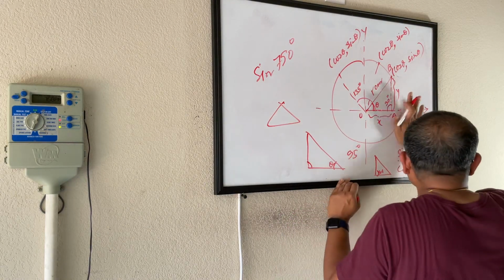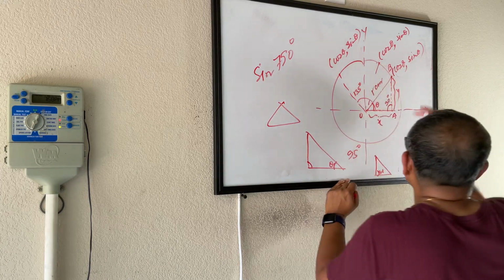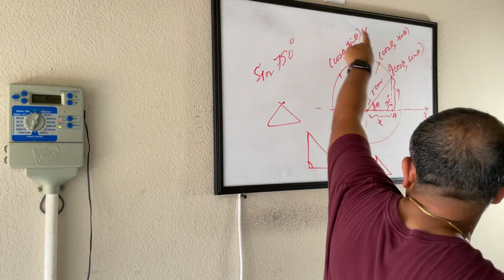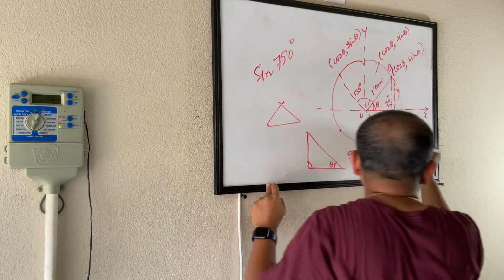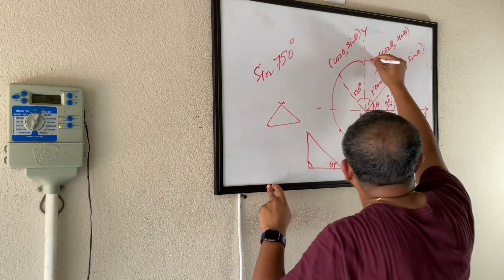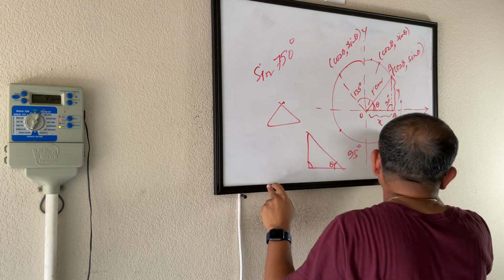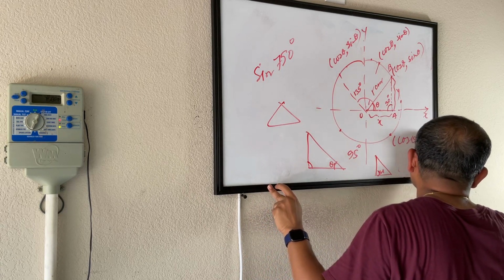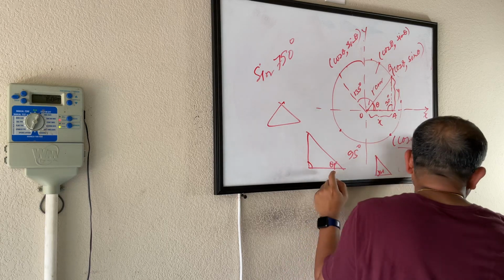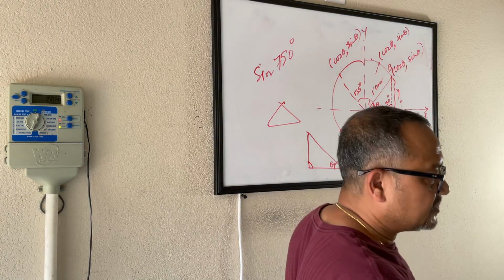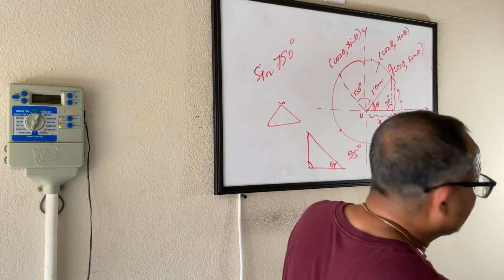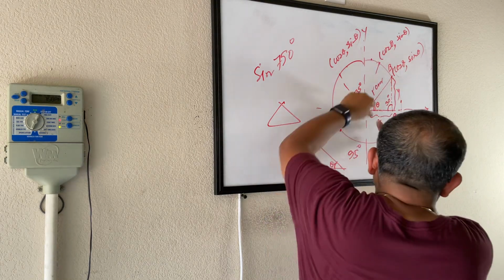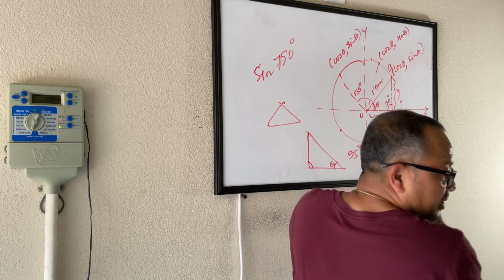For any point on the circle, its coordinates are cos theta and sin theta. X coordinate is cos theta, y coordinate is sin theta. If you are talking about 45 degrees, you are in the first quadrant, meaning your x value is positive and your y value is positive.